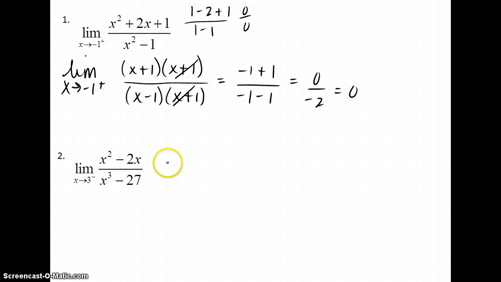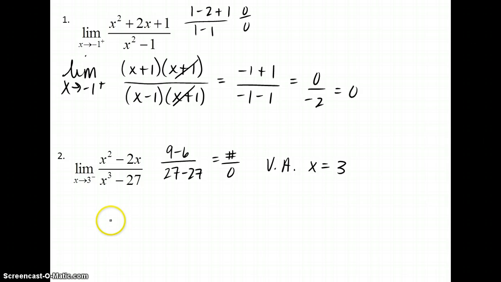Okay, number 2, when we make a direct substitution of 3, 9 minus 6, all over 27 minus 27. So this gives us a number over 0. Therefore, the one-sided limit will be positive or negative infinity because a vertical asymptote exists at x is equal to 3.